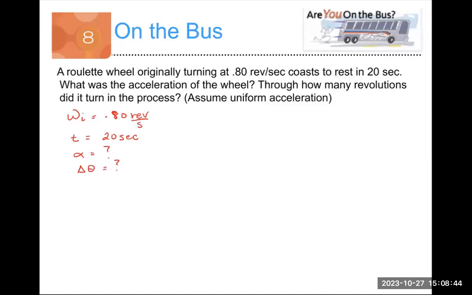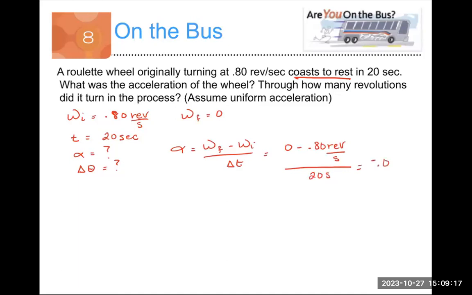So if it coasts to a rest, then we know omega final must be 0. So we have alpha is going to be omega final minus omega initial over delta t. So that is going to give us 0 minus 0.8 revolutions per second divided by 20 seconds, which will give us negative 0.04 revolutions per second squared.